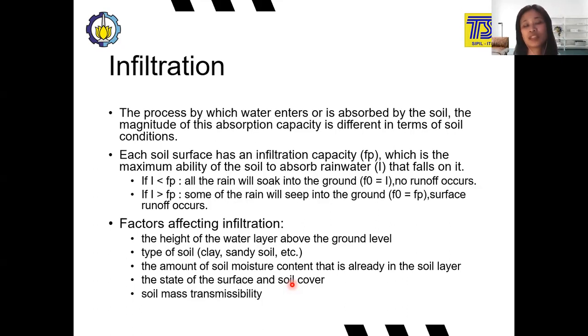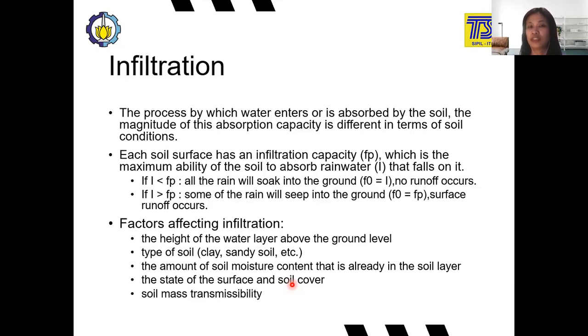So it will affect the infiltration also, because soil covered with paving block will be different from soil covered with asphalt. It will also be different from soil which is uncovered.